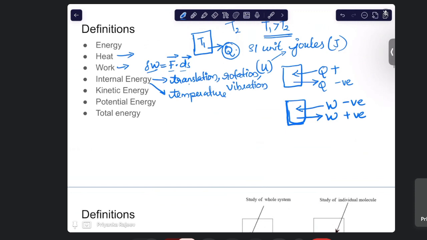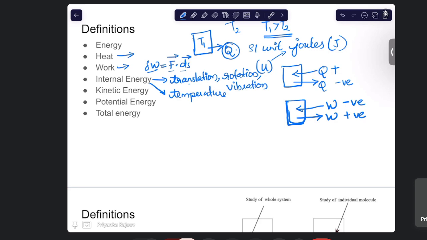Now kinetic energy and potential energy are a sort of bulk energy. Bulk means the other one was at the molecular level, where we were talking about the smallest particles and the vibrations happening at the molecular level.